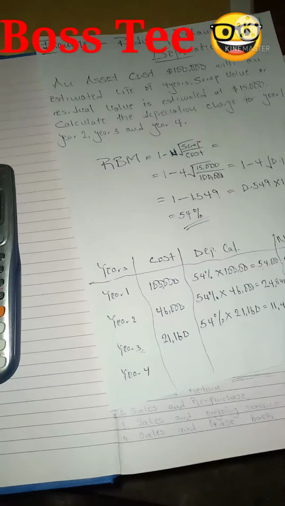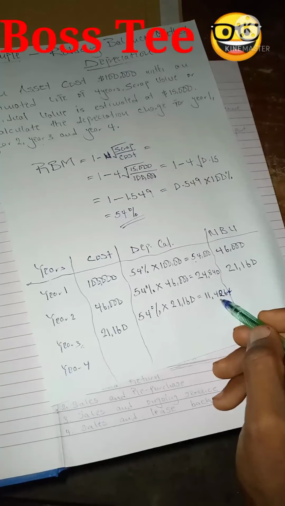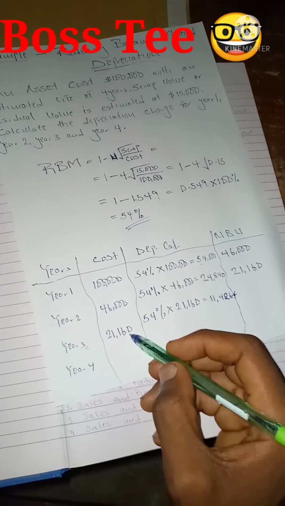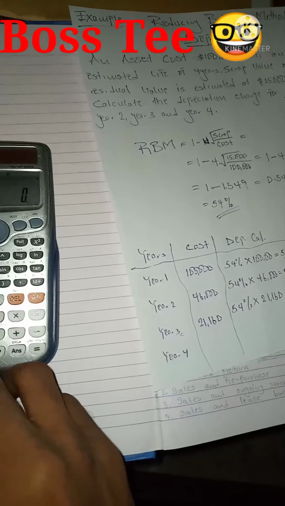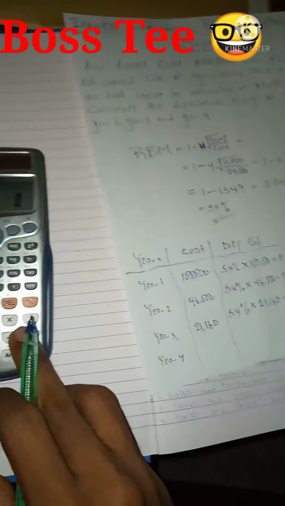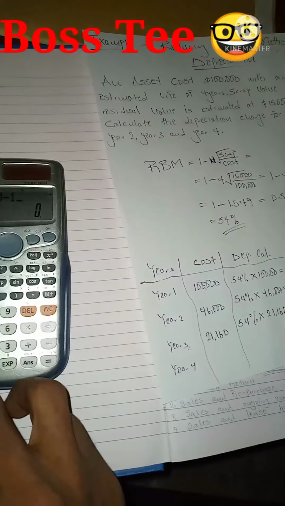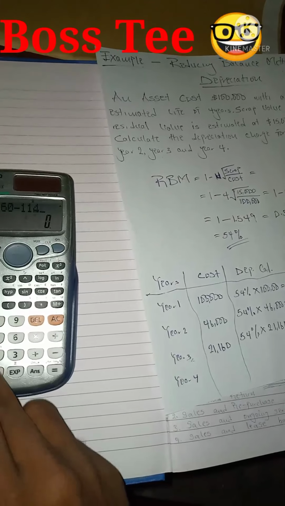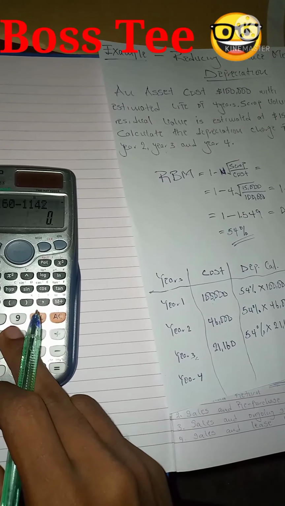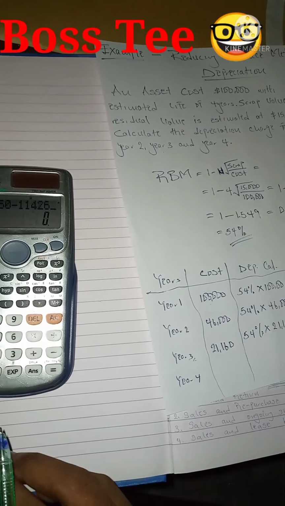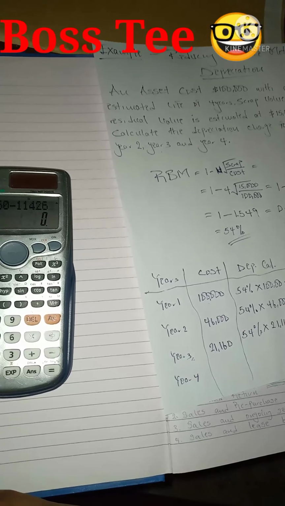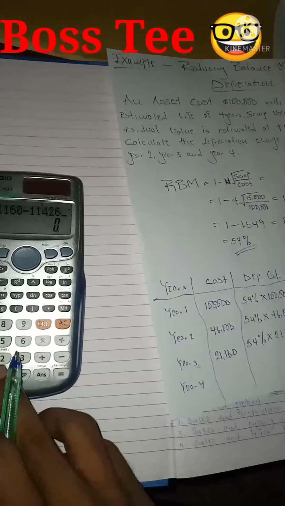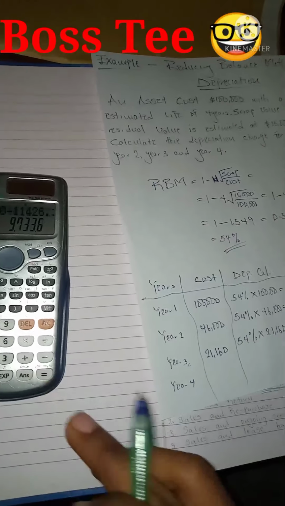Good. What are we going to do? The same thing applies. We are going to reduce this depreciation from the value of the asset in year 3. So the value of the asset is 21,160. You reduce 11,426.4. Good.